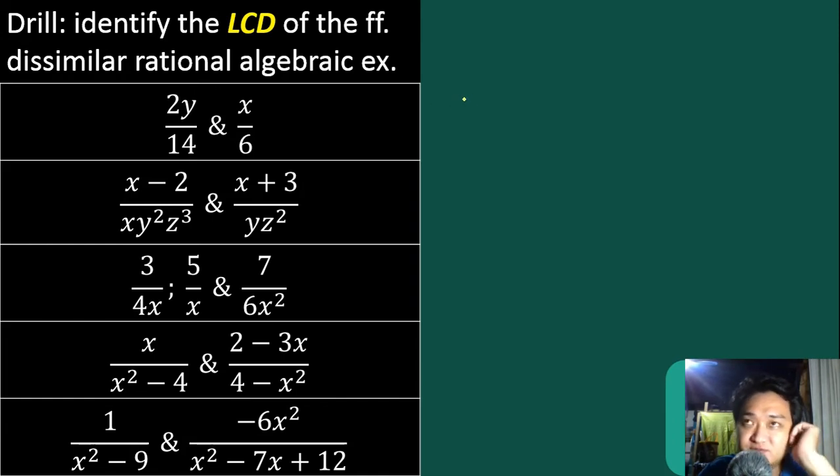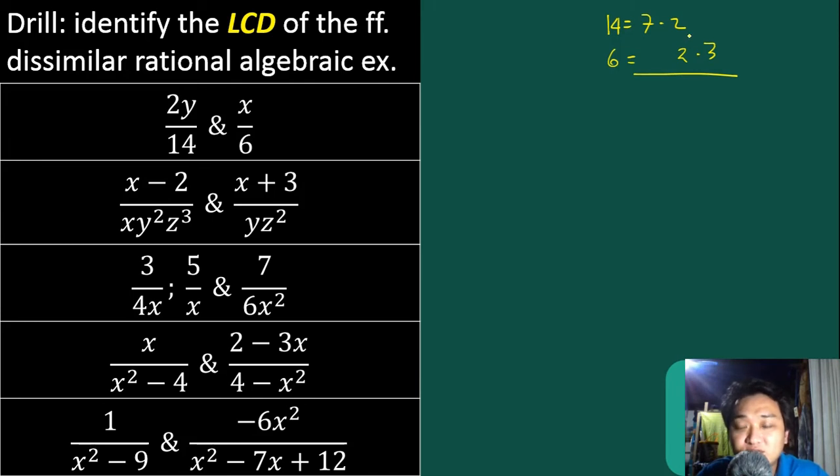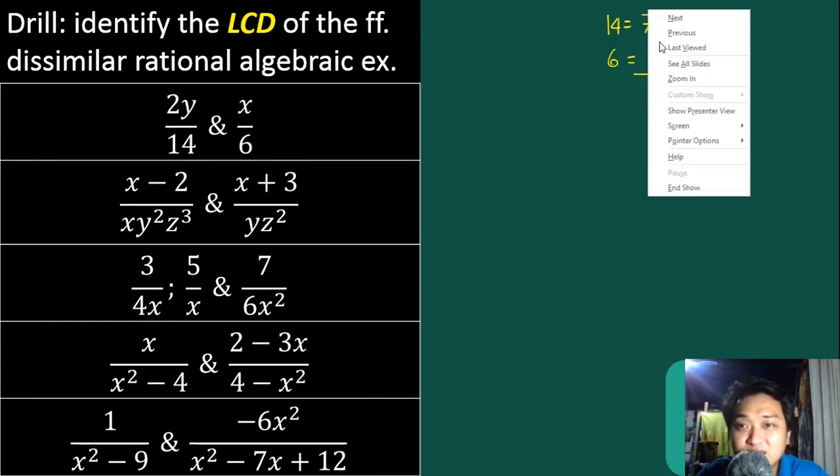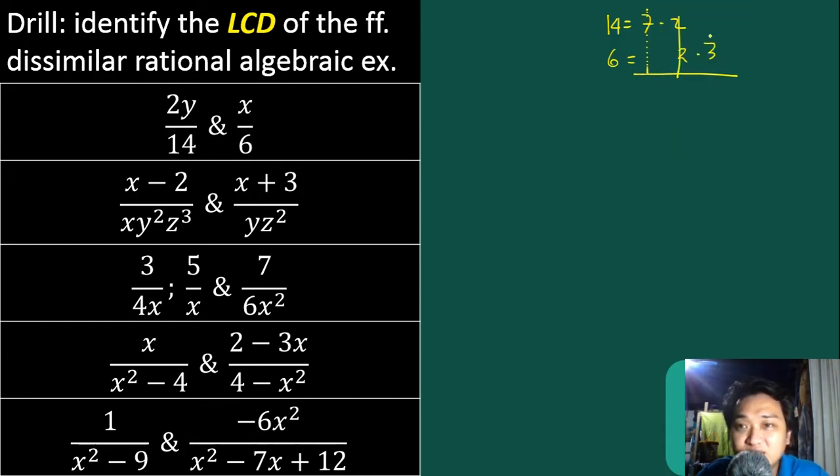What is the LCD of 14 and 6? Remember that the factor of 14 is equivalent to 7 times 2. How about 6? The factor of 6 is 2 times 3. Kung mapapansin nyo po, hinilera ko yung 2. Pareho sila. Yung mga prime factors na magkakapareho, dapat hinihilera sila. Kasi, i-bring down natin yan lahat.